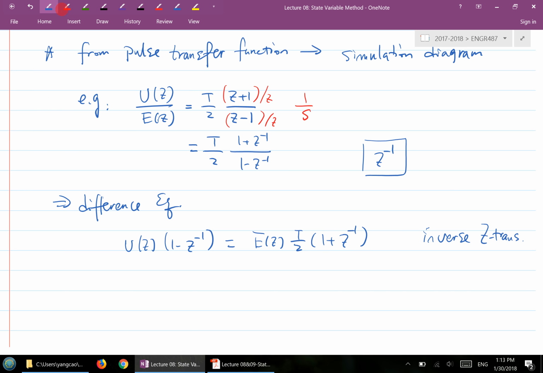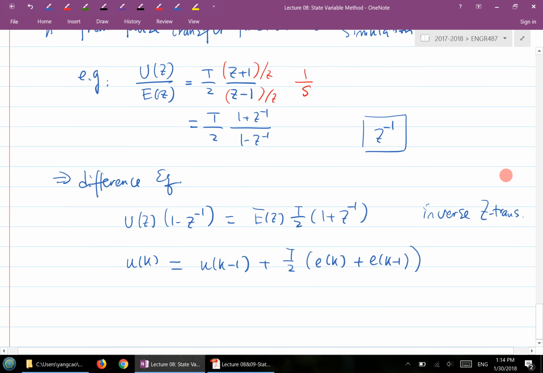If you take the inverse z transform for both sides of the equation, you get u of k here, and u of k times z to the power -1 is one delay. Let me move it to the other side, so you get u of k minus 1 in here, and then plus T over 2 times (e of k plus e of k minus 1).